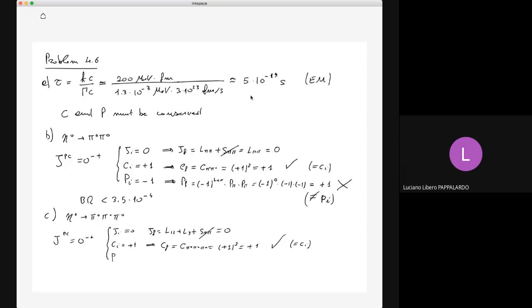Let's consider parity. Initial state parity, as we know, is odd. And so the parity of the final state is -1 to the L12 plus L3 times the intrinsic parities.